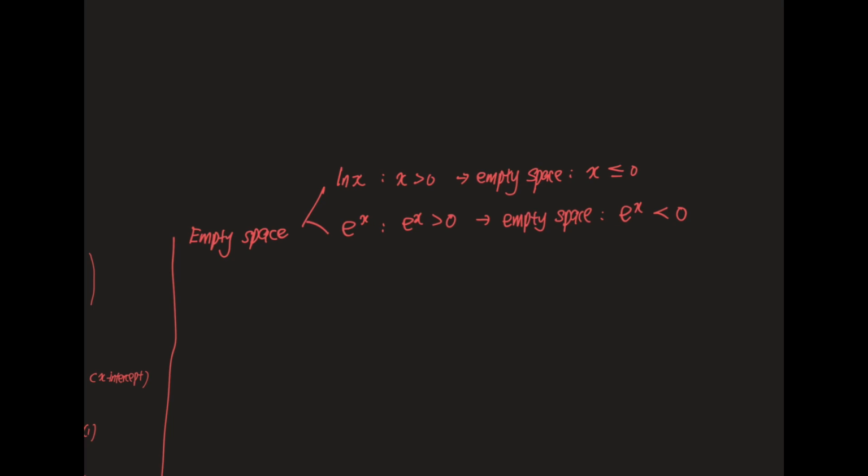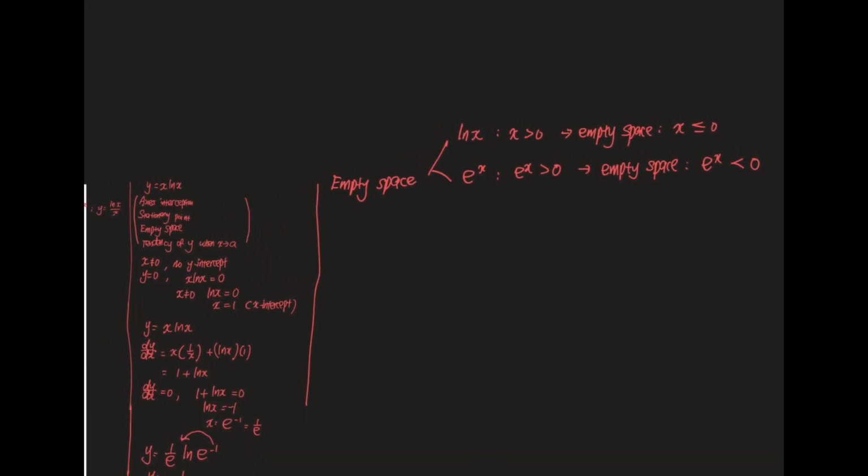Okay, now let's see our example here. Our equation is y equals x ln x. Because of the ln x, we know that x is always greater than 0, and the empty space is hence when x is less than or equal to 0. So how does this affect our graph?